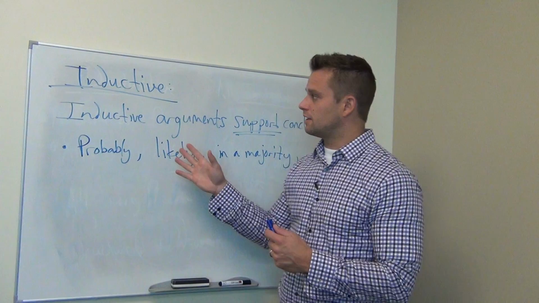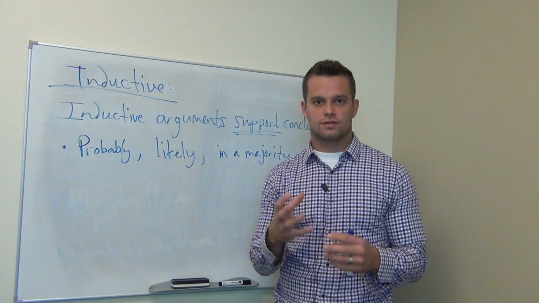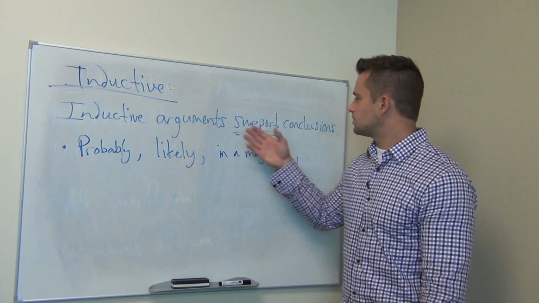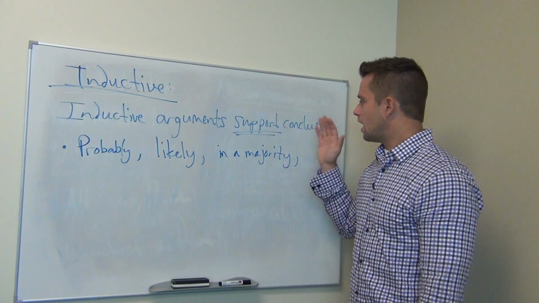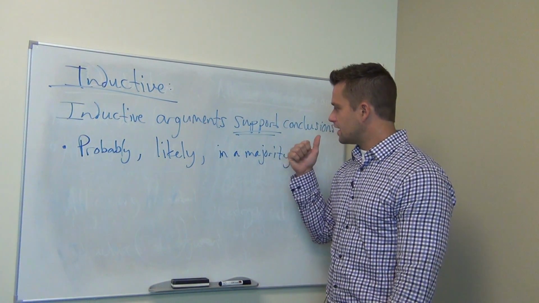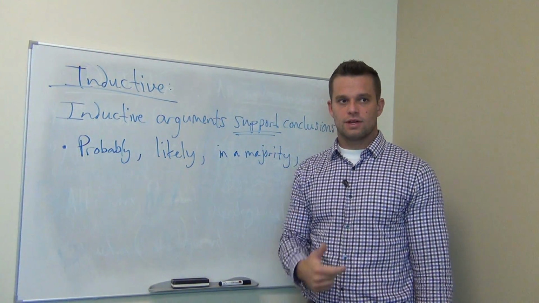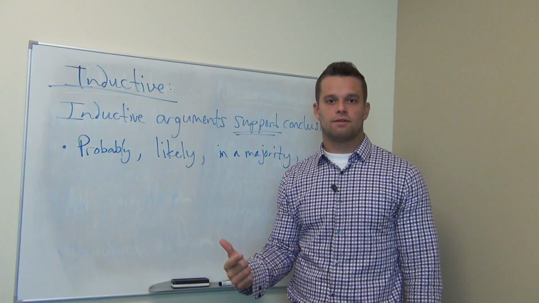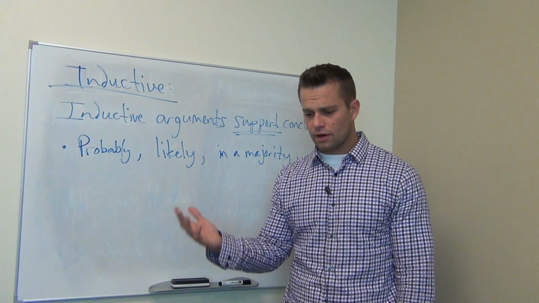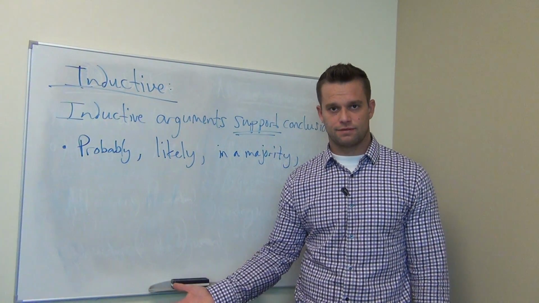And so you can see that inductive arguments don't have as strong an inferential link. They don't attempt to prove their conclusions of necessity, or guarantee their conclusions. They support their conclusions. So even in the best possible inductive argument, there's still the chance that it would not be true, or that the conclusion doesn't of necessity follow.